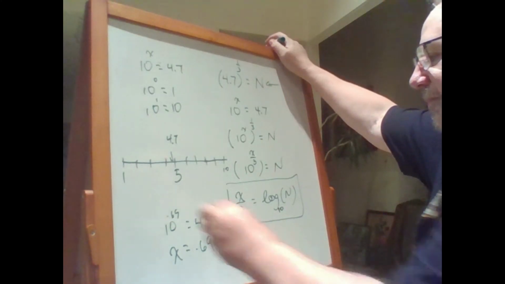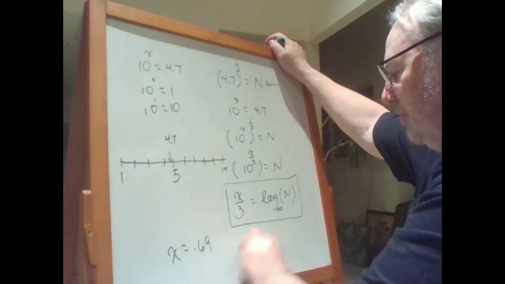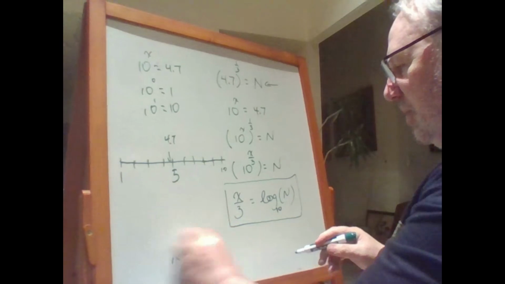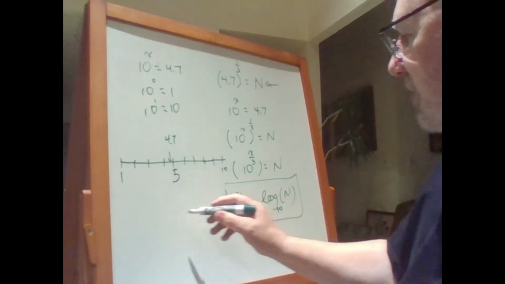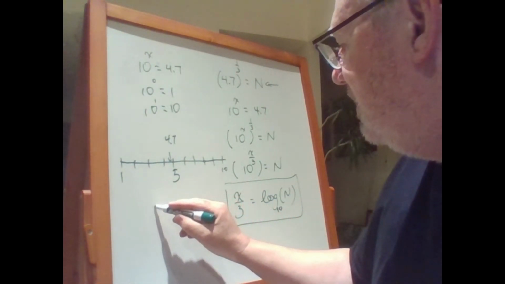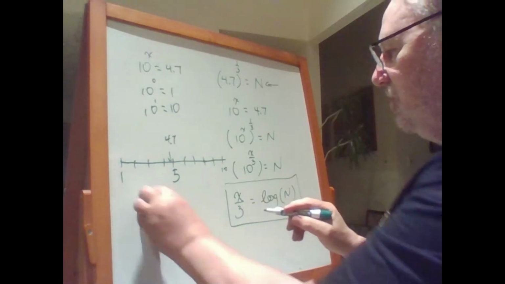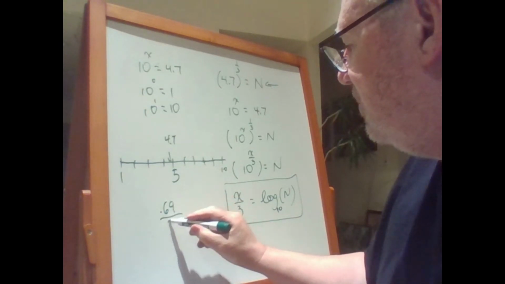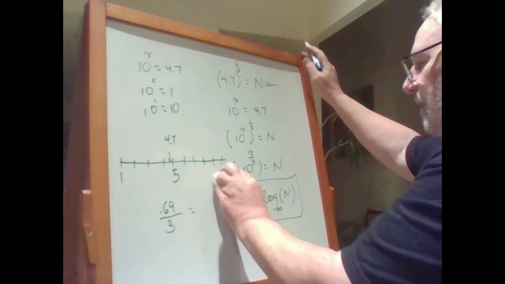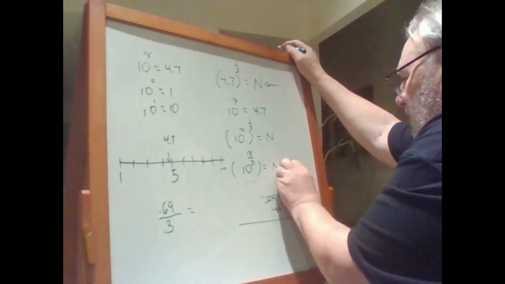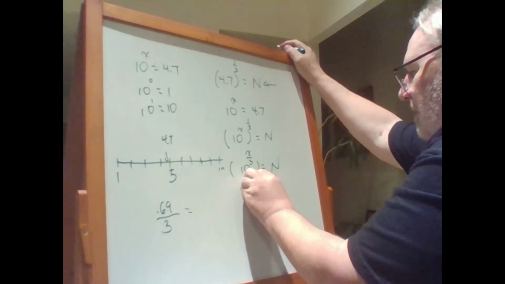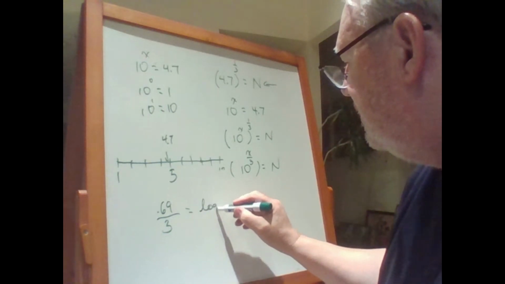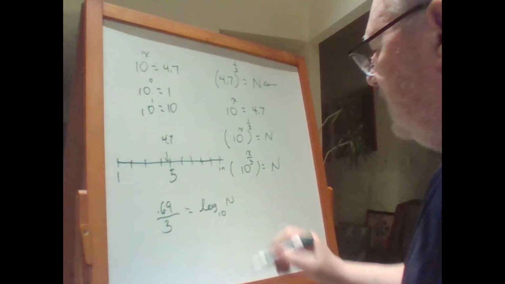So here x is 0.69. 0.69 over 3 equals, and we'll erase this, equals log base 10 of n.